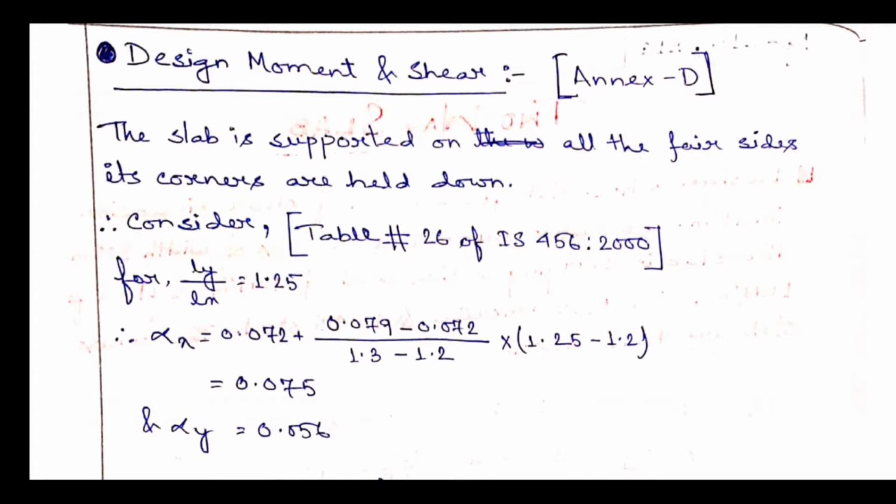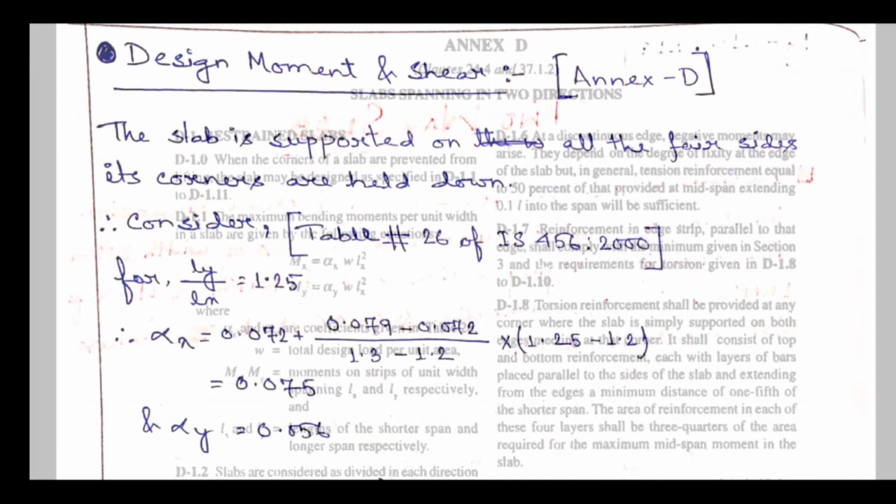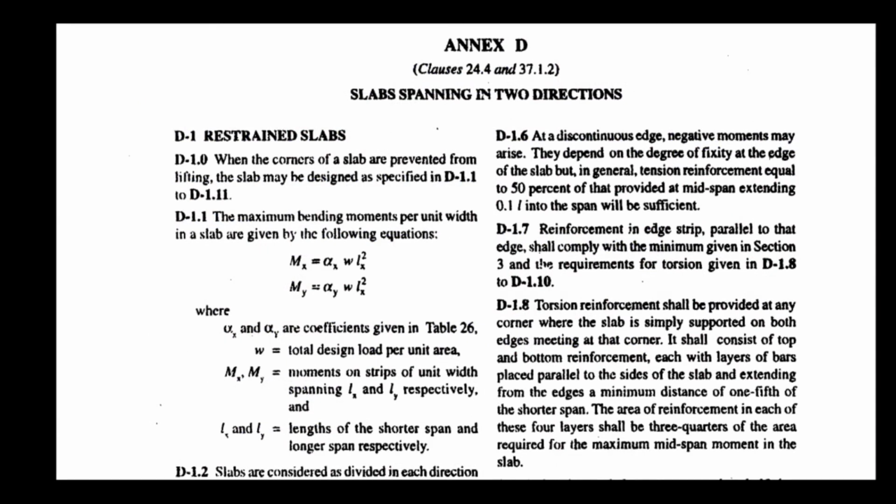For this step, first of all, we have to get the knowledge of Annex D IS 456 2000. So let's check it out. So where is Annex D of IS 456 2000? As per clause number D11, the maximum bending moments per unit width in a slab are given by the following equations.